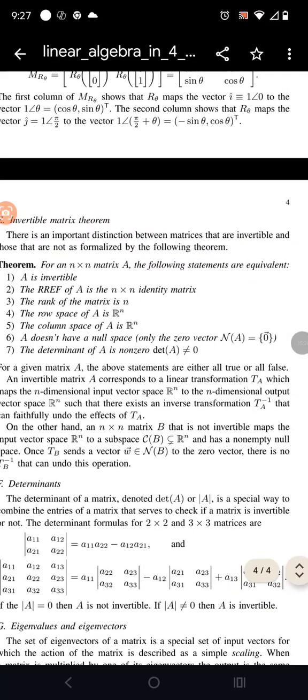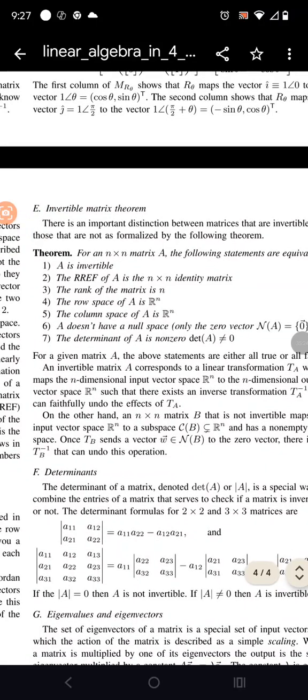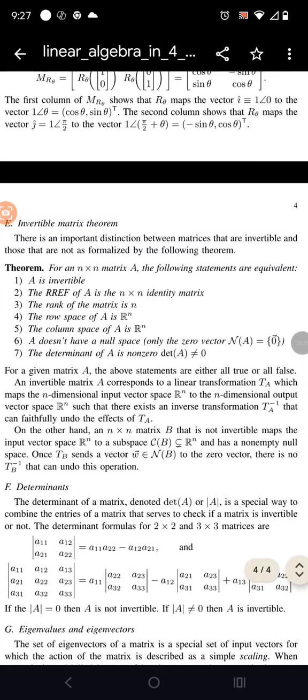A corresponds to a linear transformation T_A which maps the n-dimensional input vector space R power n to the n-dimensional output vector space R power n, such that there exists an inverse transformation T_A inverse that can faithfully undo the effects of T_A.